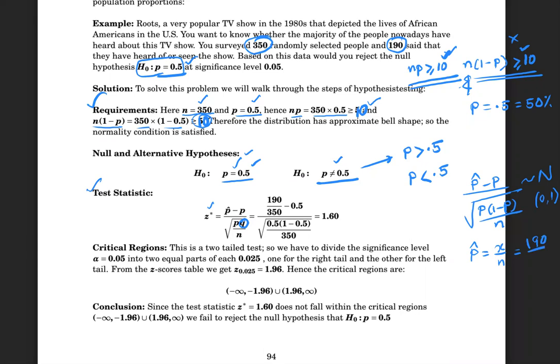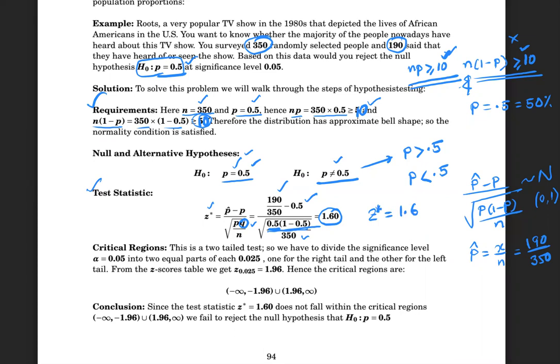So it's going to be 190 divided by 350, which is exactly what I've got here, minus 0.5, divided by the square root of 0.5 times 1 minus 0.5, which is P times Q, divided by the sample size 350. If you do the math, you get 1.6. So your test statistic Z star is 1.6.